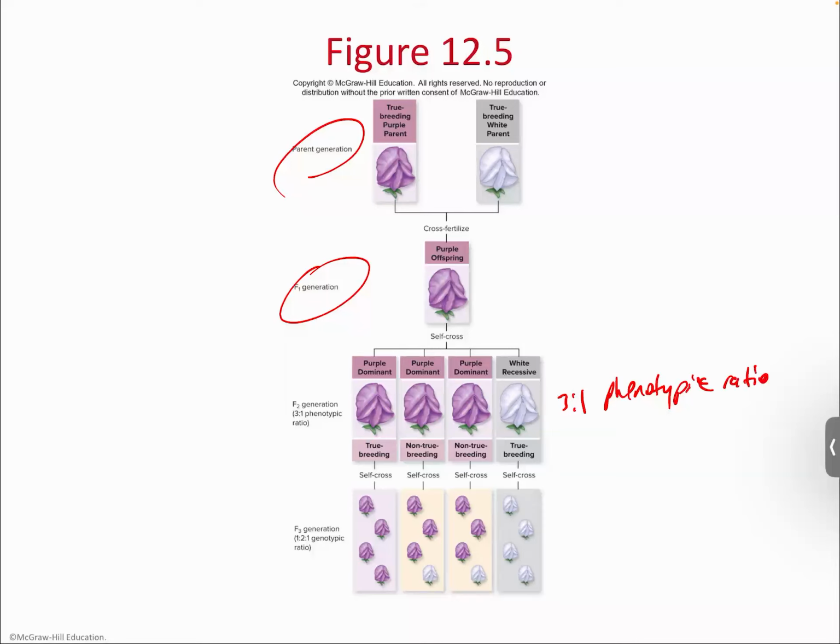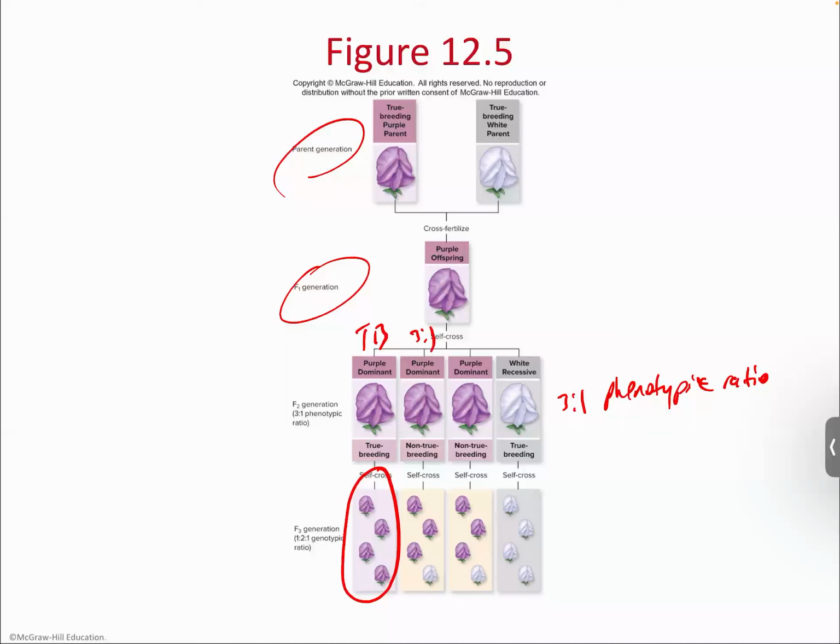Right? Because he said the same thing. He said, well, wait. If I can't tell the difference between these two purple plants, then how do I know that all these purples are the same? If I can't tell the difference between a true breeder and a non-true breeder, then how do I know which one's which? Well, basically what he did was he selfed each class of plants together. In one, he found that you had a true breeder. For the other two purples, he noticed that you didn't.